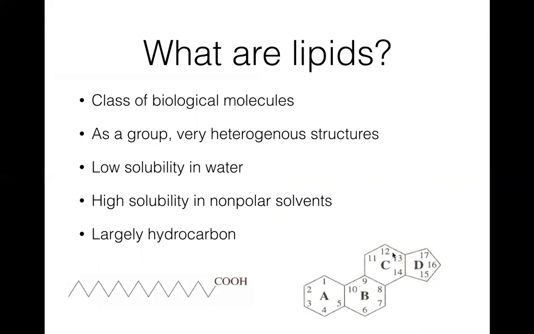Now, we group lipids together because of their low solubility in water. The reason for that is that the molecule is made up largely of hydrocarbons, and the more hydrocarbons a molecule has, the more nonpolar it is, the more hydrophobic the molecule is. It also is highly soluble in nonpolar solvents.